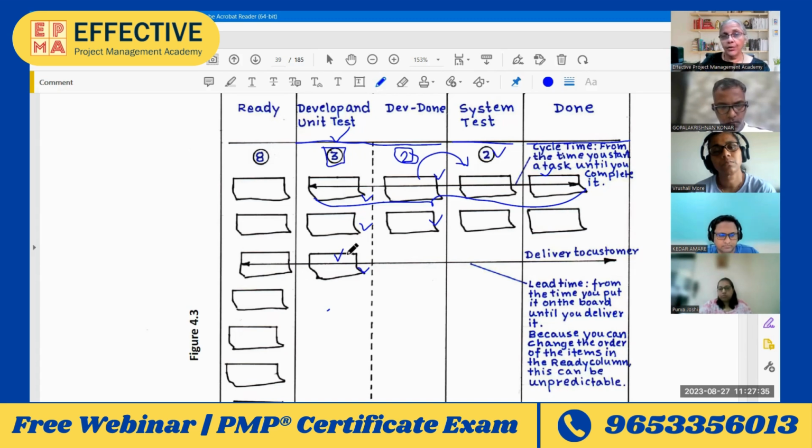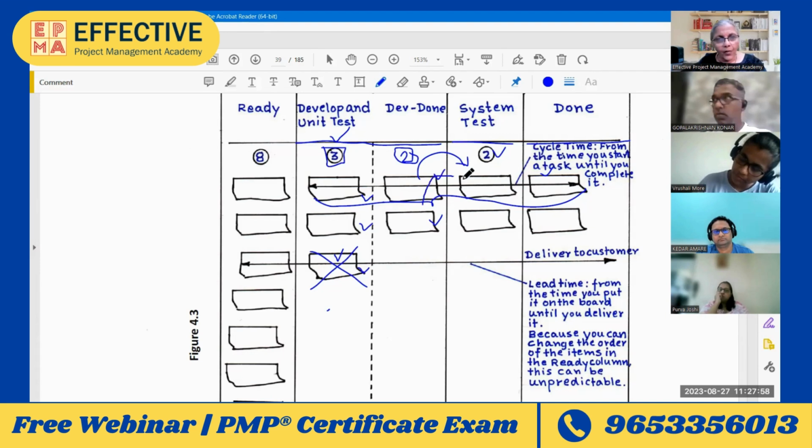Ideally, my team would not take 3 items on board. They know that the Devdan board is at its fullest capacity. What they would do is, there are 5 people. 2 of them would say, let us go and help the system testing team. They need to pick up from here. So let us pick up one more story, do it for them, and come back so that we can take up one more story for development.